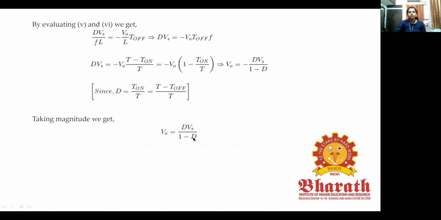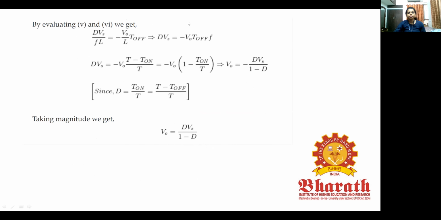So now when the value of this d is between 0 to 0.5, the chopper acts as a buck converter, and if it is more than 0.5, it operates as a boost converter.